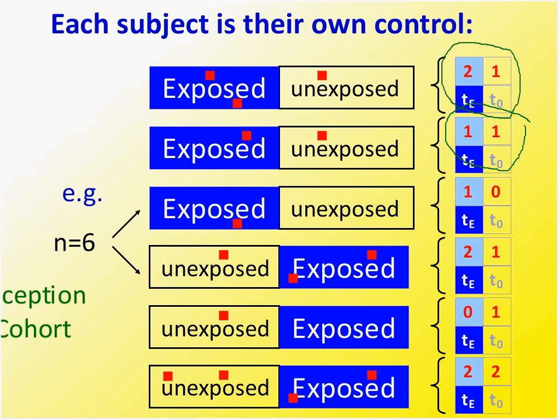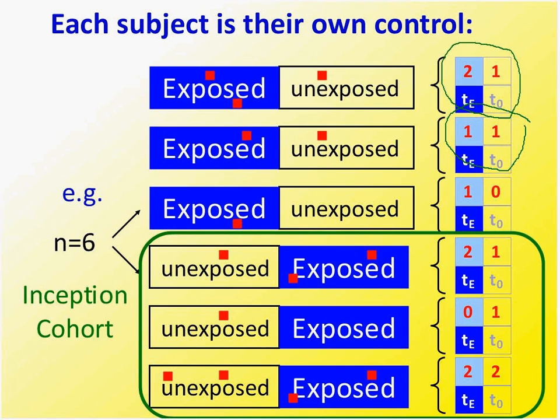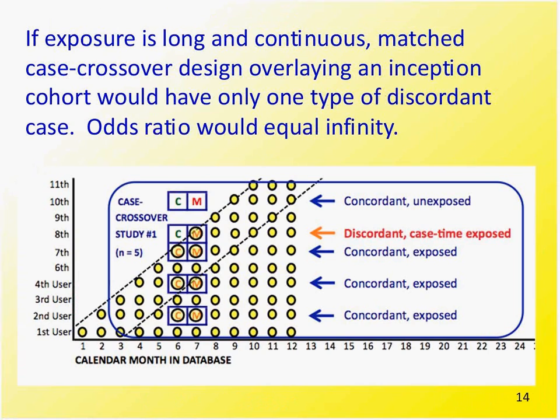One of the points here is that when we have an inception cohort study, and this was a concern for the Mini-Sentinel, it did a self-controlled design in an inception cohort where the exposure to the new medication was continuous. Eventually, we would be restricted to this subset of the population, and that would have a problem in a case crossover analysis.